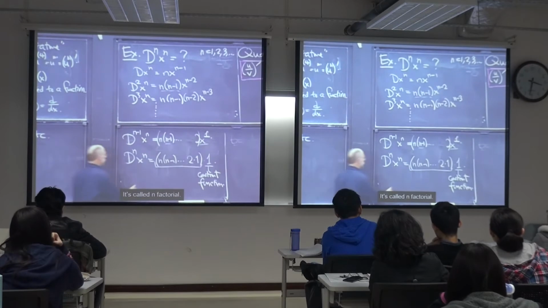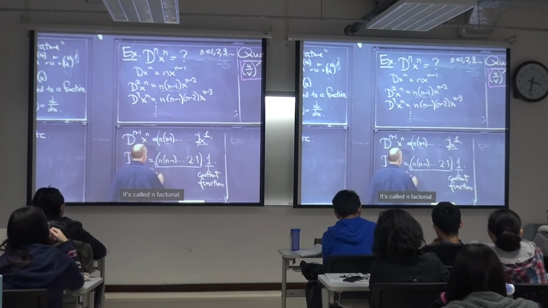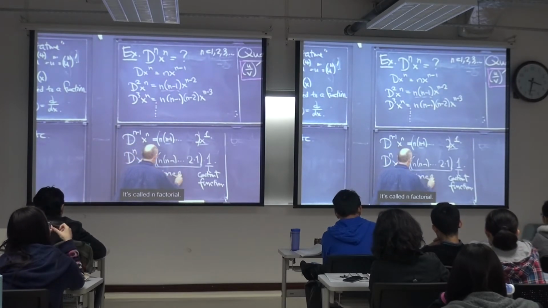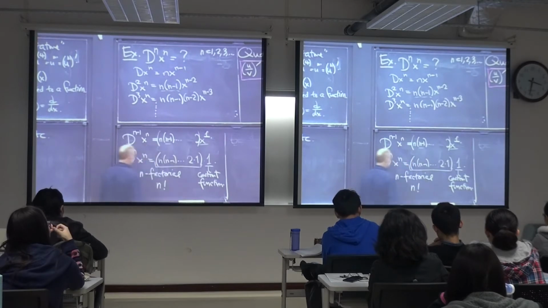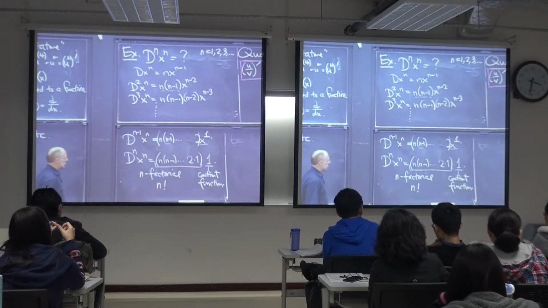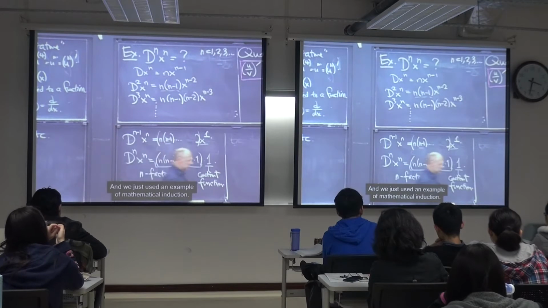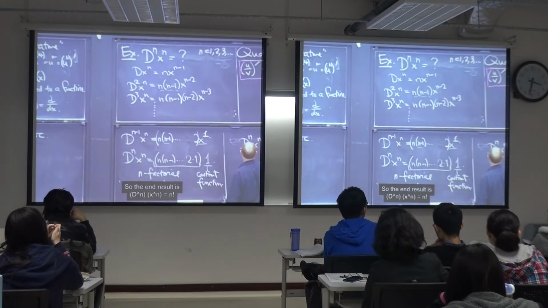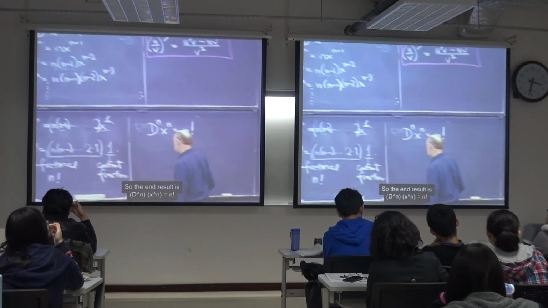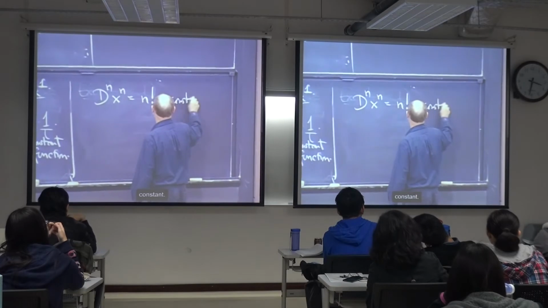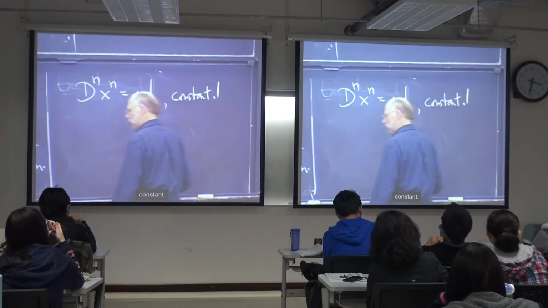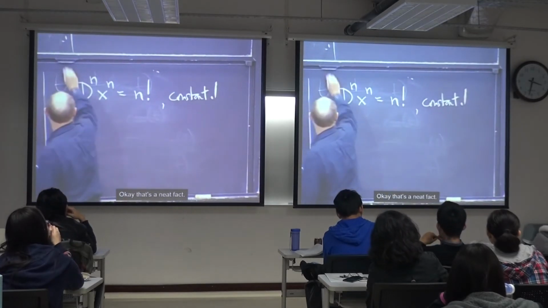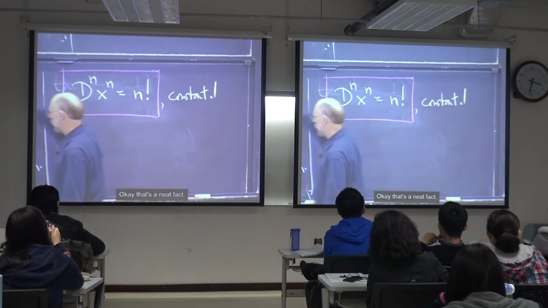This has a name. It's called n factorial, and it's written with an exclamation point. And we've just used an example of mathematical induction. So the end result is d^n x^n is n factorial, a constant. Okay, that's a neat fact.